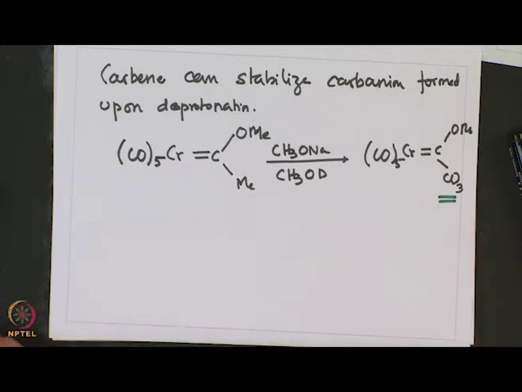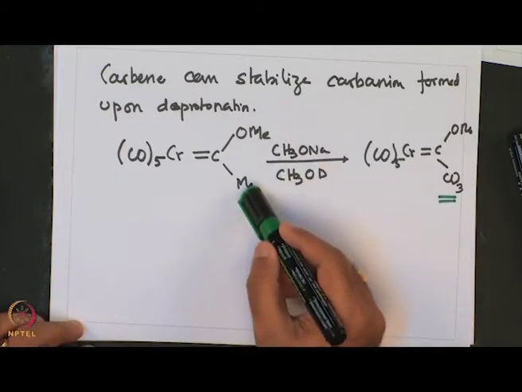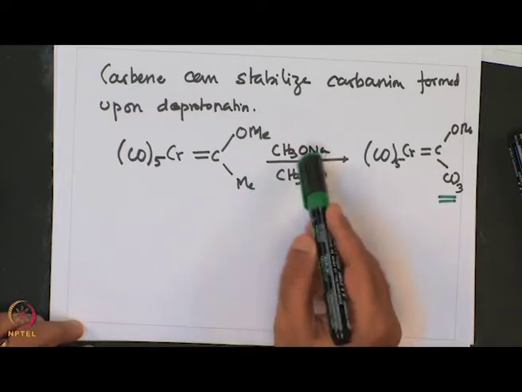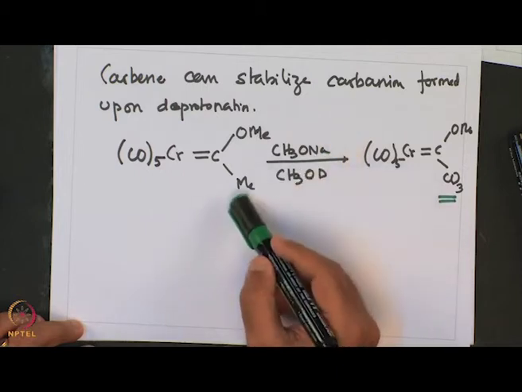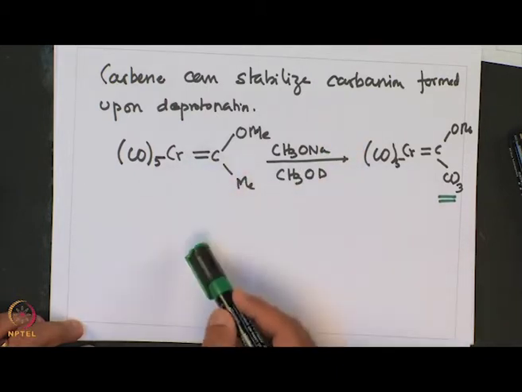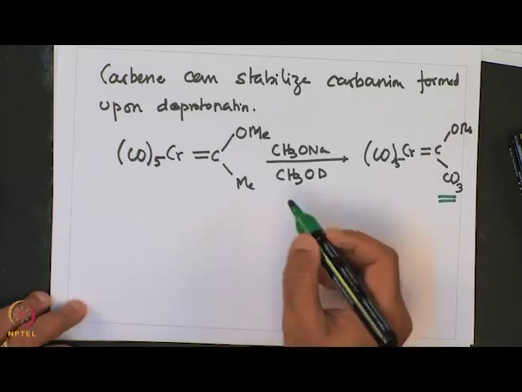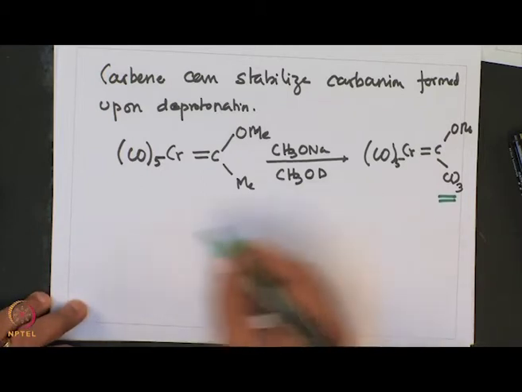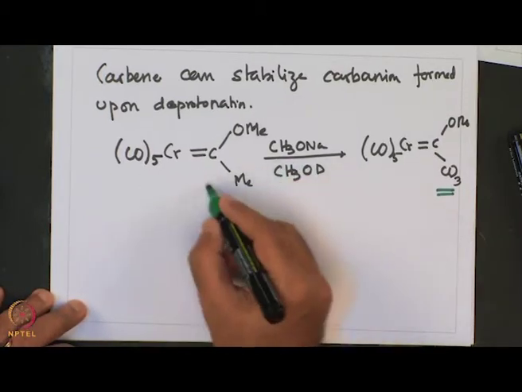That happens because this methyl gets deprotonated to make a carbanion which is stabilized by the carbene moiety, for example, in the presence of a base.